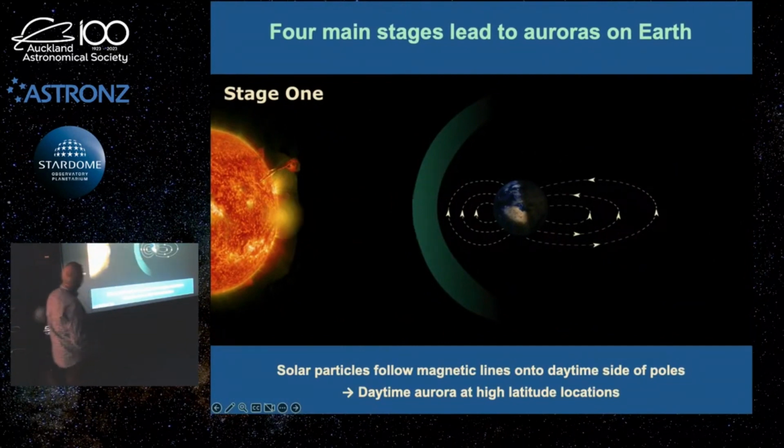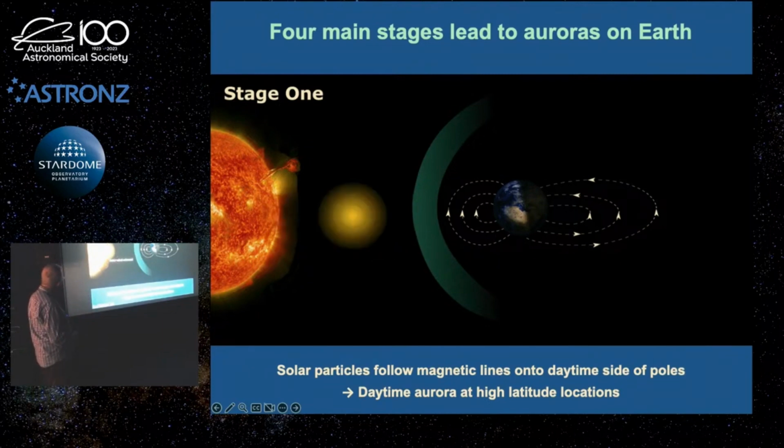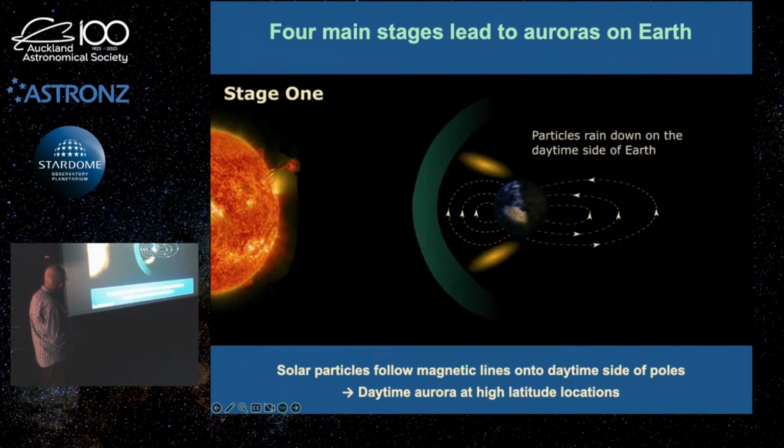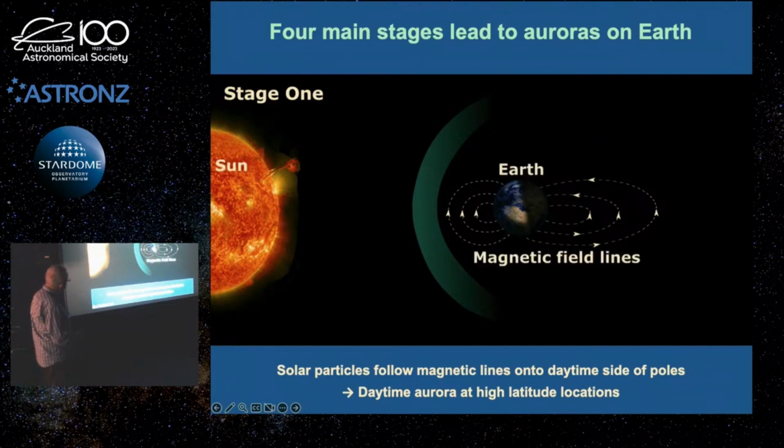Now, there's 4 stages of creating the aurora. Let's look at the first stage first. Solar wind has been released, and this is going to create the daytime aurora. It's starting to connect with the magnetic field lines and get directed down towards the poles, and you get your daytime aurora when you see aurora lights at the polar regions in the daytime.